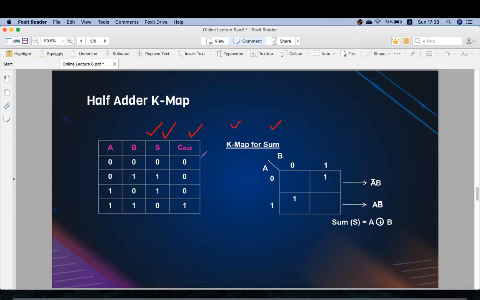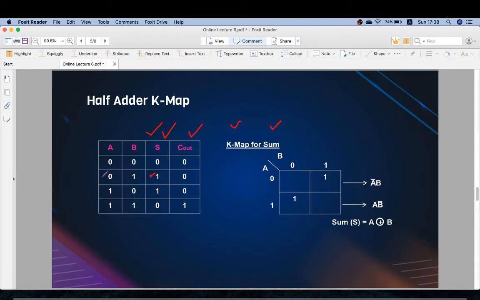But if you are solving as per POS, then you will take 0. But I am always taking SOP form, so I always take 1. So while making the K-map for sum, I will take 1 for drawing the K-map. So here it is 1.